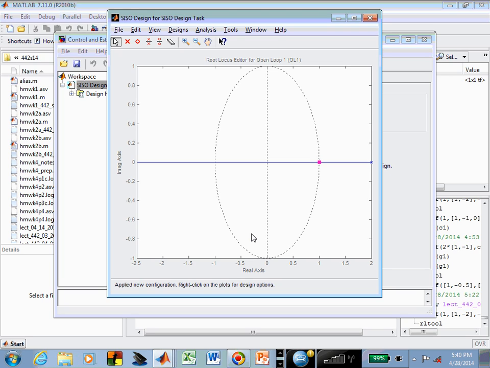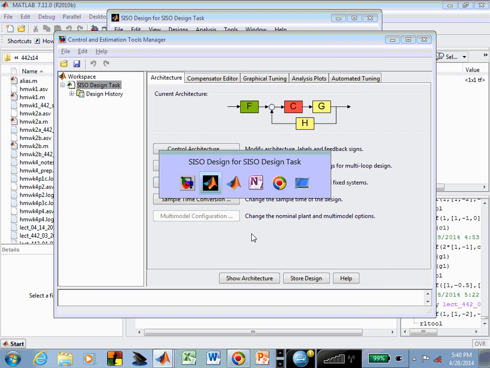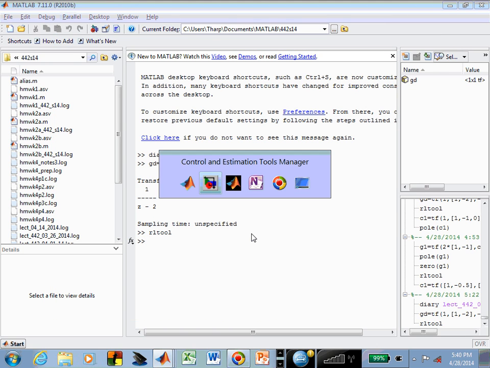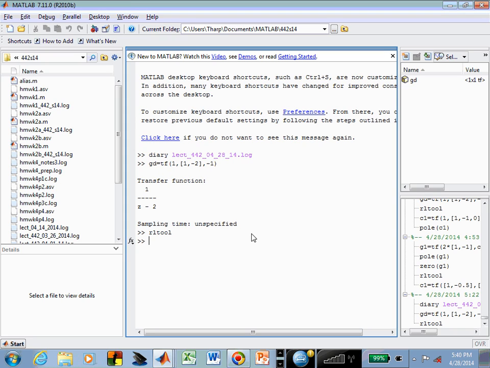Now, if we're designing a PID controller, let's build up a controller that just has our poles fixed, and with the graphical user interface, we will locate the zeros, the betas, by our mouse.